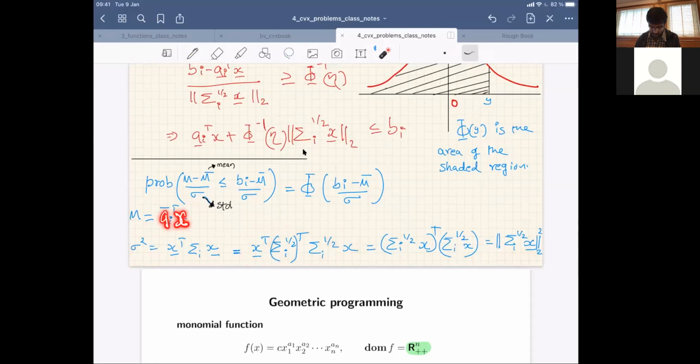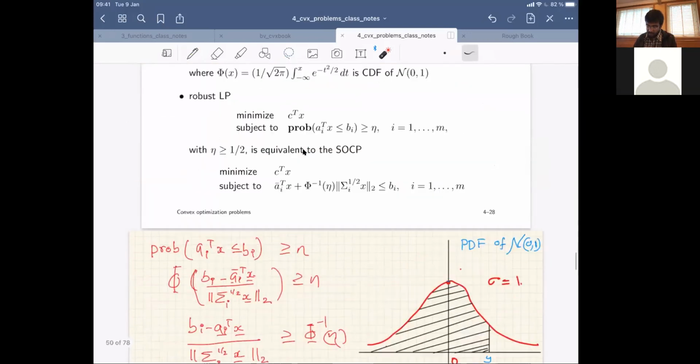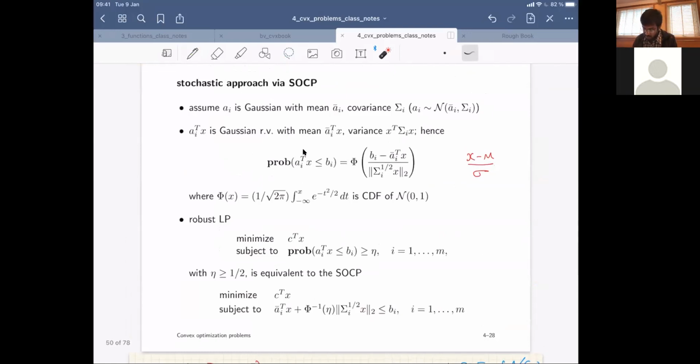When you take an inner product with another vector, that gives a scalar, so sigma squared is the variance associated with this scalar. These are shifted mean and normalized with the variance. So now I can write this probability like this, where phi is the CDF associated with a zero mean, unit variance Gaussian distribution.